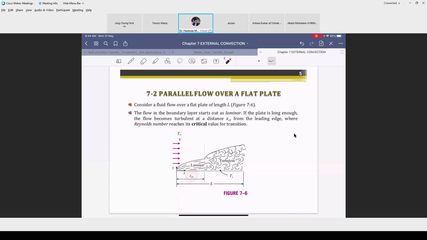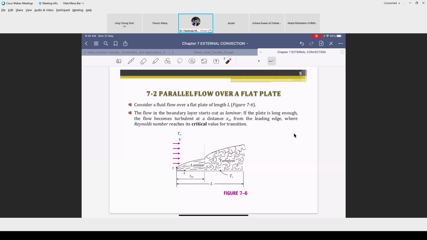XCR. XCR adalah X critical. What does it mean? So X critical ni meaning that from X equal 0 to X equal X critical, the flow is laminar. Beyond this the flow is turbulent.